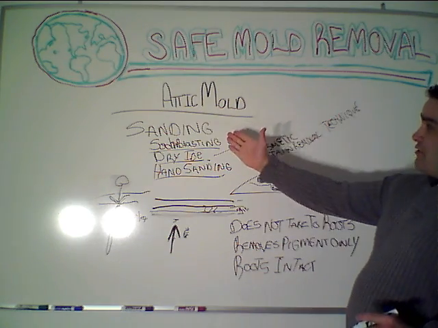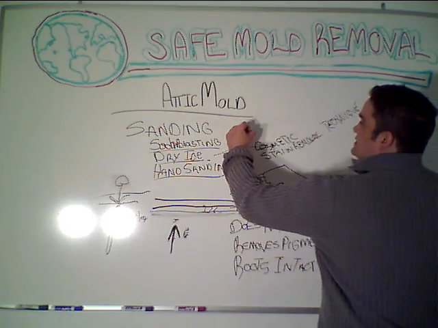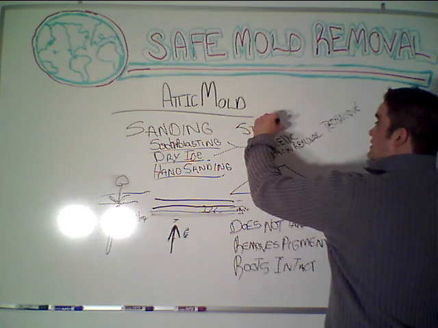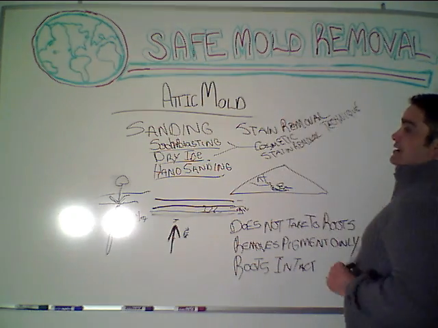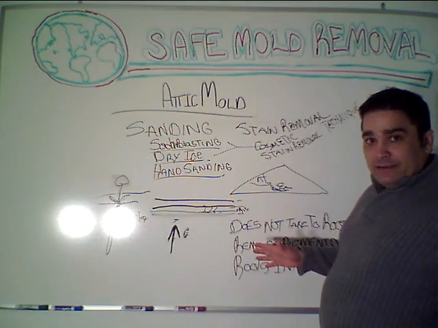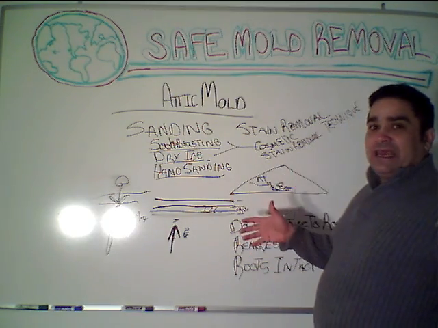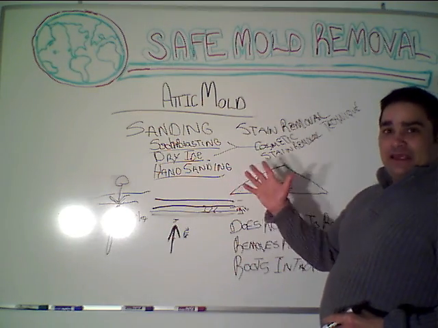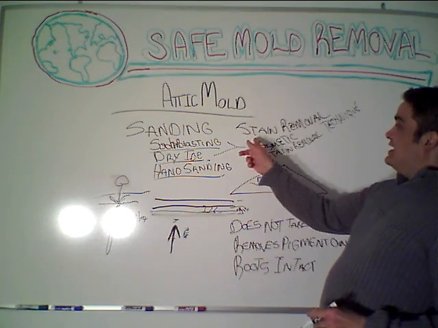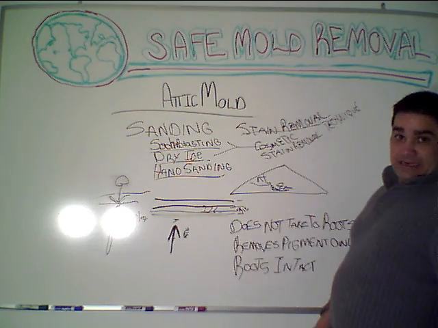So, is it all right? It's an okay stain removal technique. But it's no good for using as a treatment for mold remediation. It is not a mold remediation technique. It's a stain removal technique.